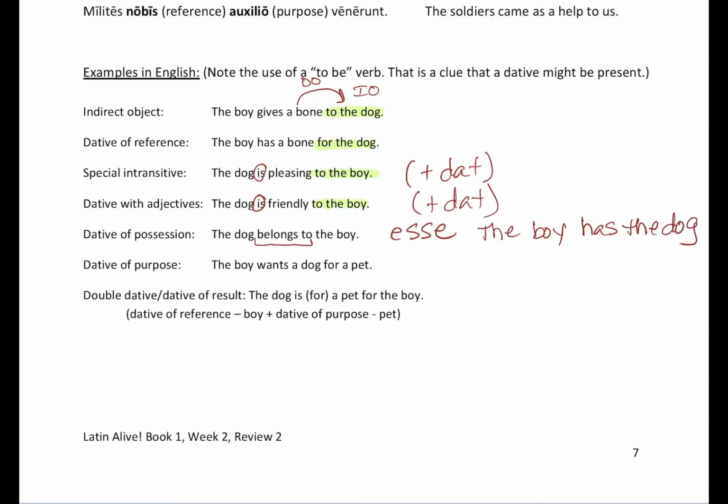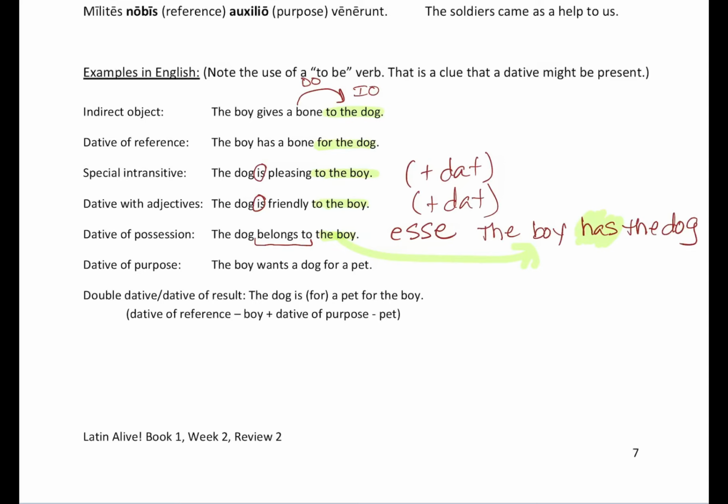So we take what was the dative and put it at the beginning of the sentence as the subject, and we use the form has instead of belongs to. Two ideas there. Remember, the boy still stays in the dative case in either spot.